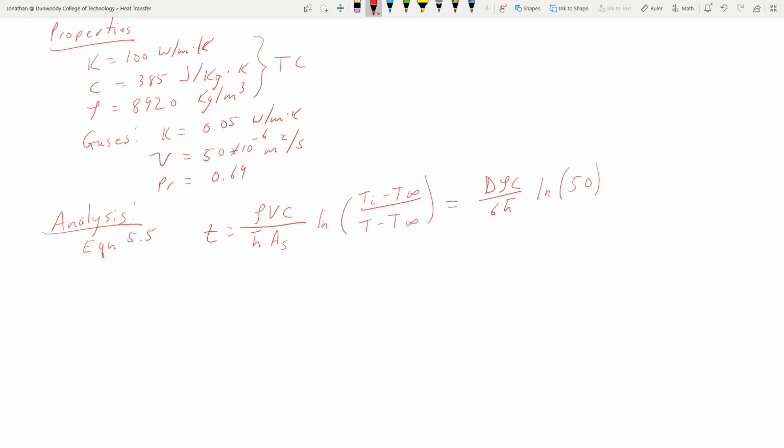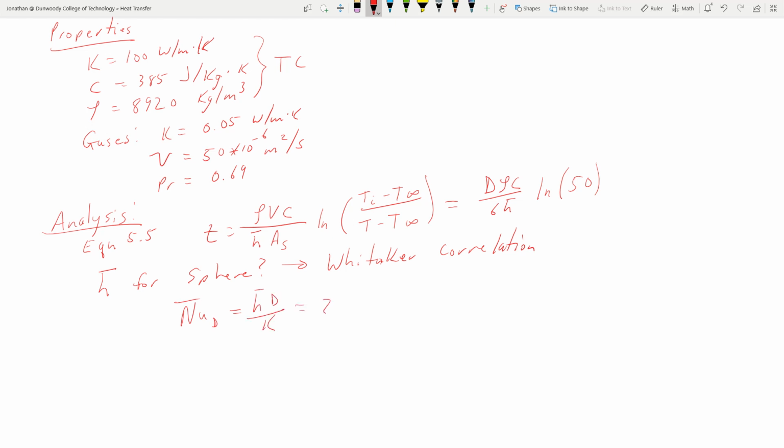Alright, so when we look at some correlations, we need to go back and find what h bar for the sphere is. If we look in the book, we find the Whitaker correlation. That's Nusselt for the sphere, the average, again h bar d over k.